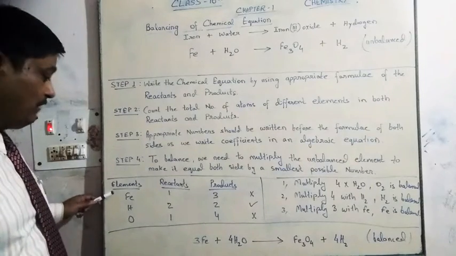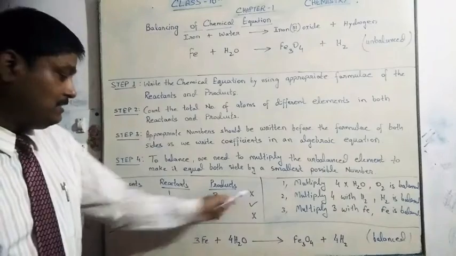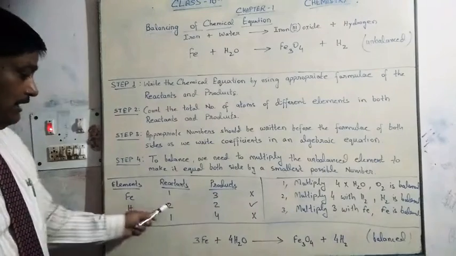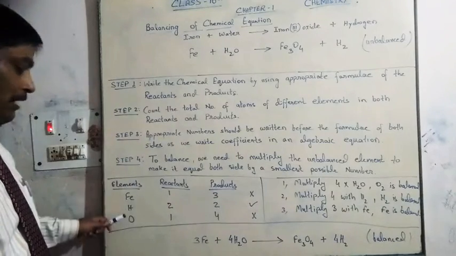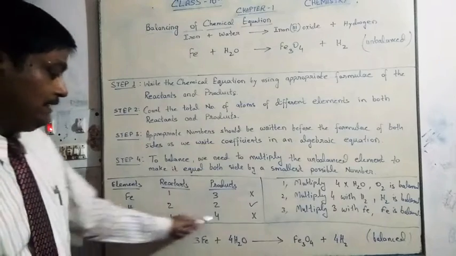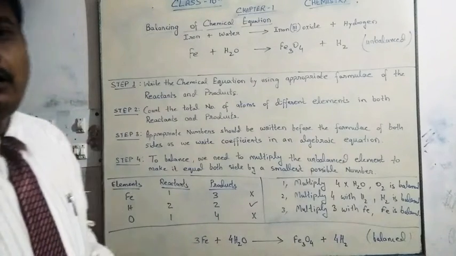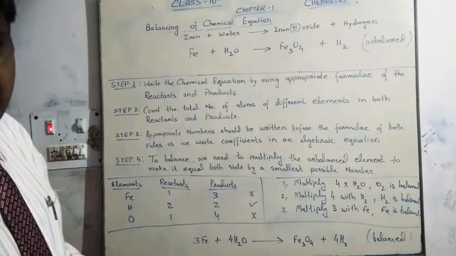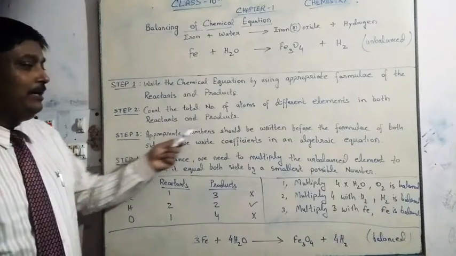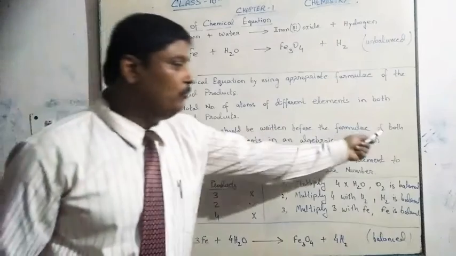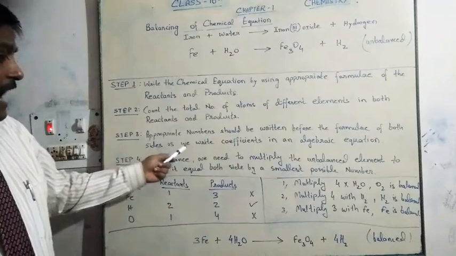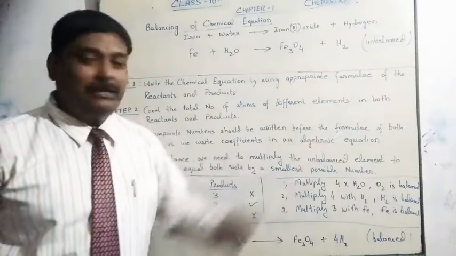The number of atoms of iron is not balanced, the number of hydrogen atoms is already balanced, while the number of oxygen atoms is again not balanced. Now what is the third step? An appropriate number should be written before the formula on both sides, as we write a coefficient in an algebraic equation.